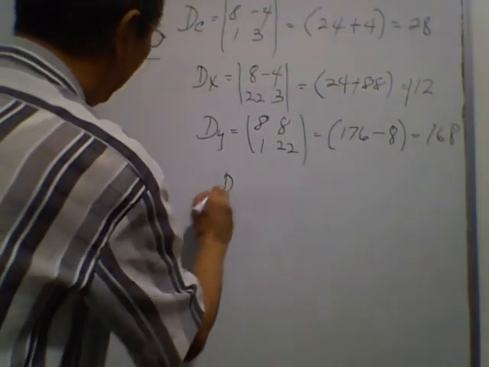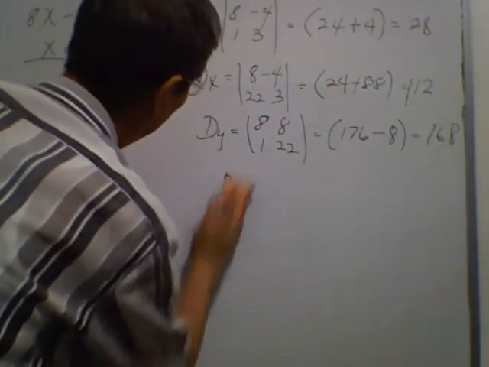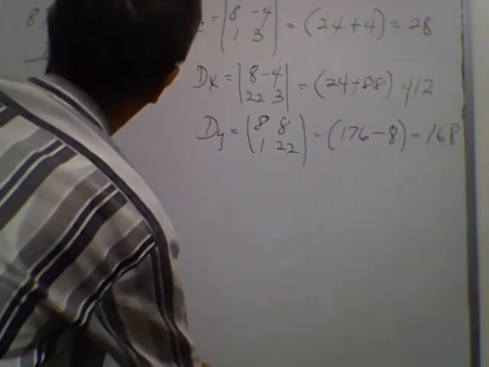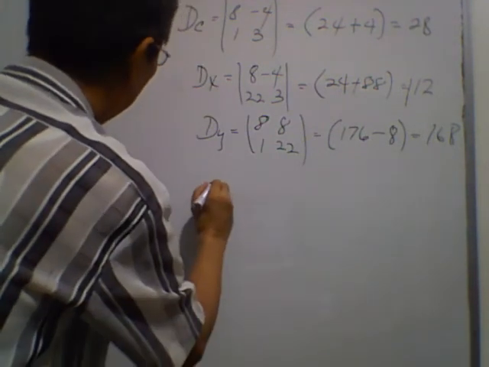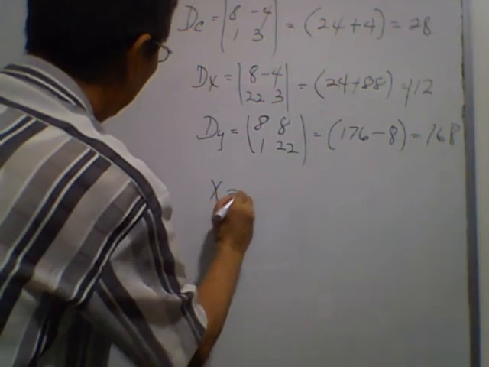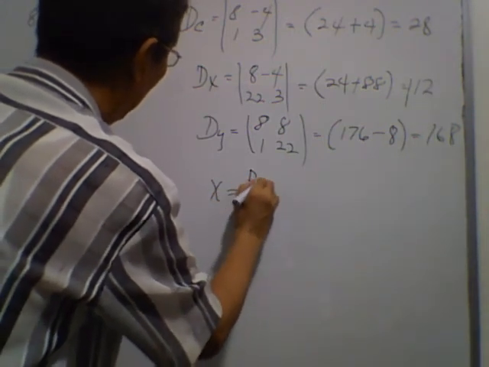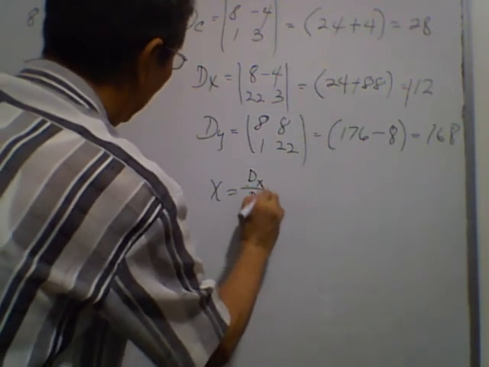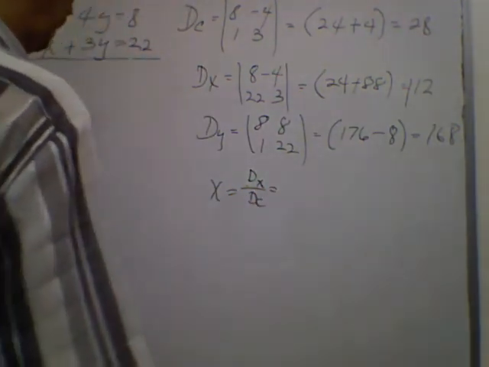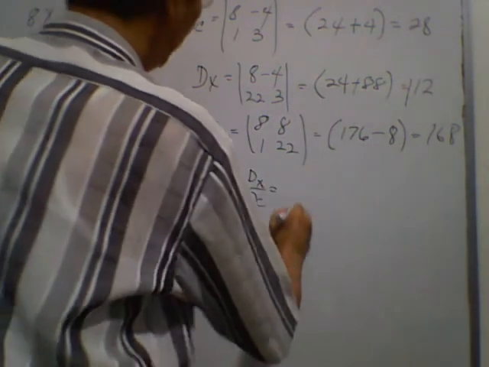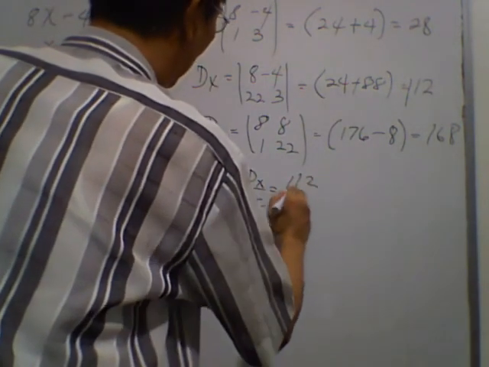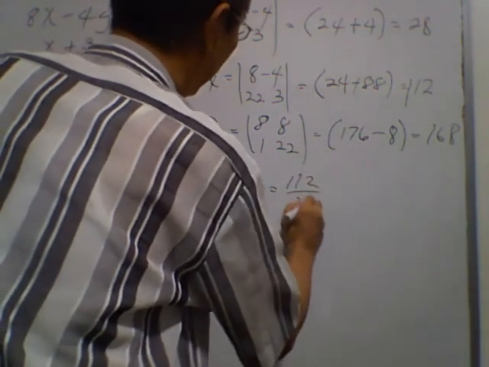Again, for the value of x, that is dx over dc. So that will be equal to 112 over dc, which is 28.